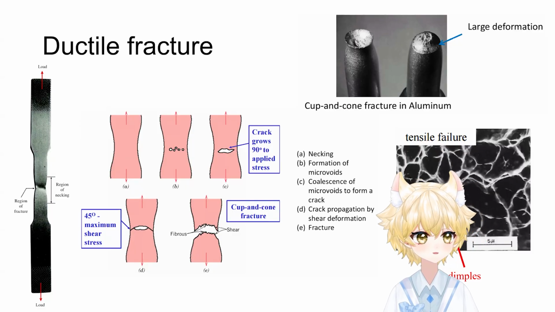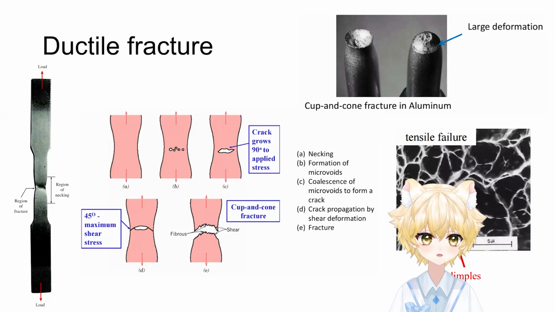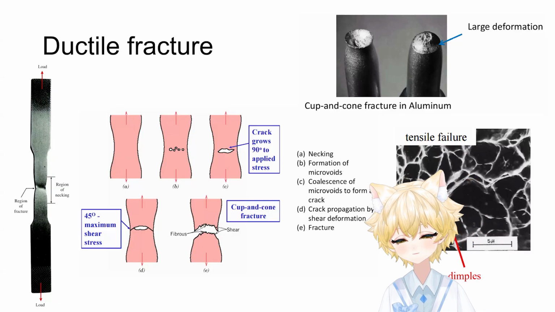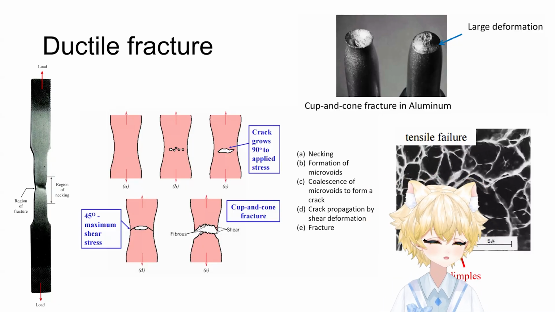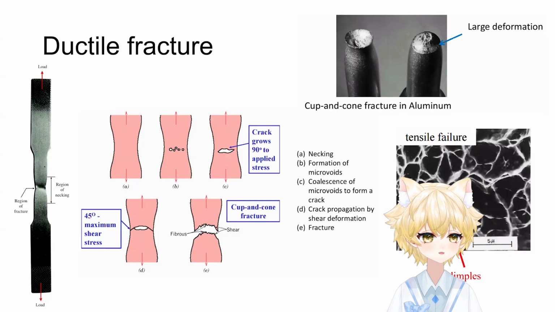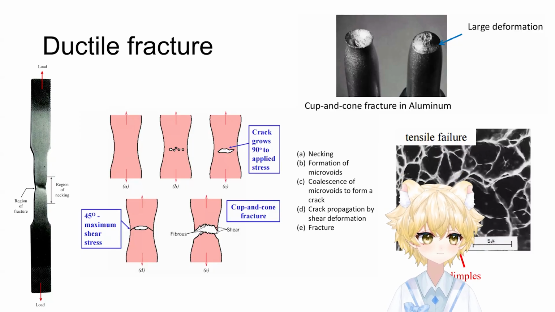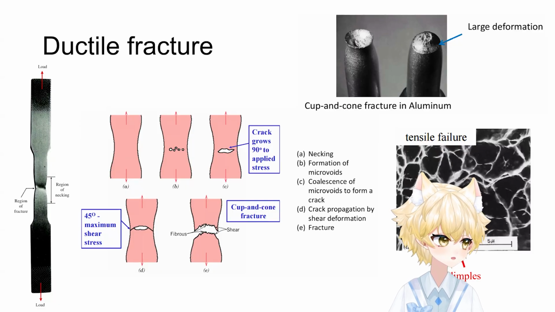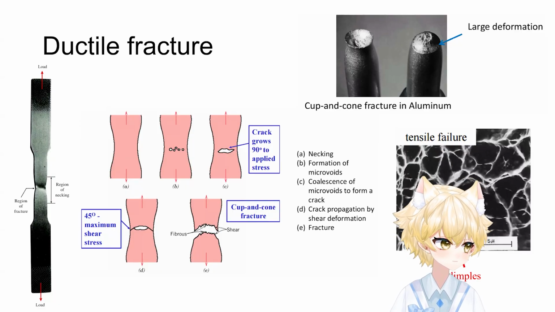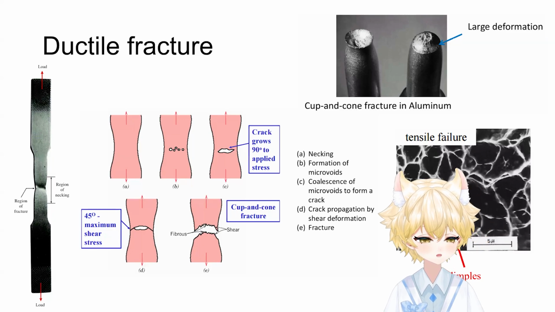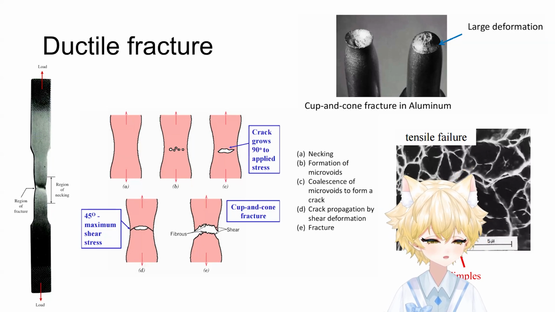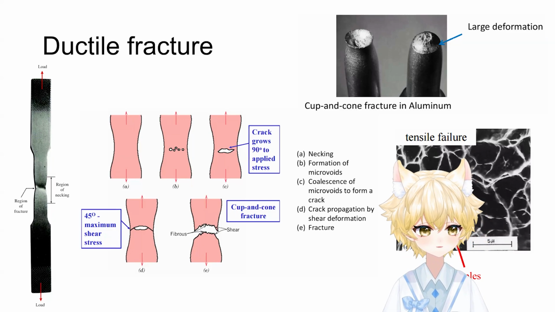But you know that ductile material can sustain a lot of normal stress, but it is easily sheared, because think about the atoms. The atoms can easily shear with respect to each other, but it's very hard to pull them apart. Therefore, the crack will extend along the 45-degree maximum shear stress direction. Right now, I just tell you, okay, 45 degrees is very dangerous.